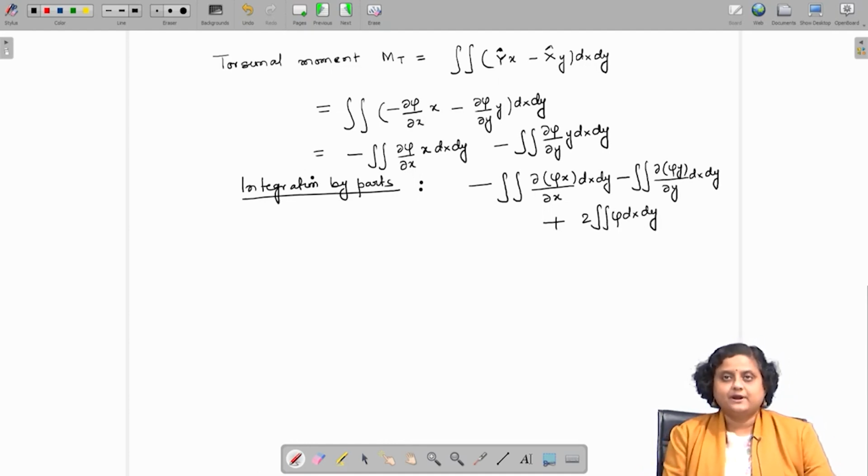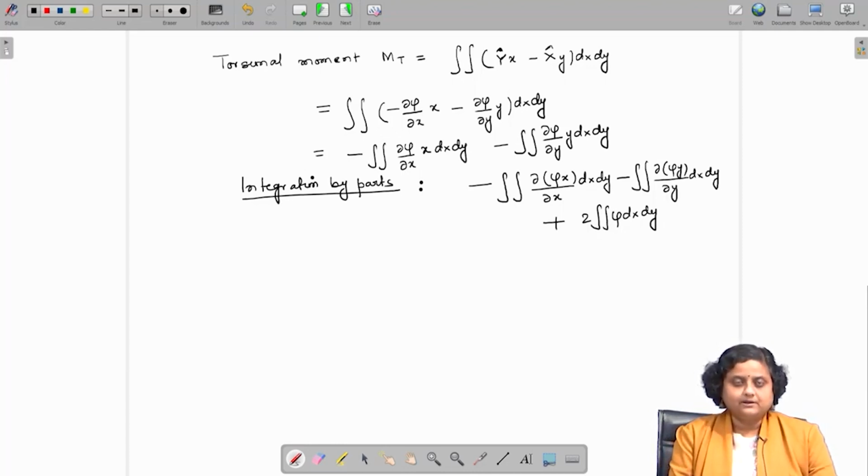This expression can be obtained by using the integration by parts technique.